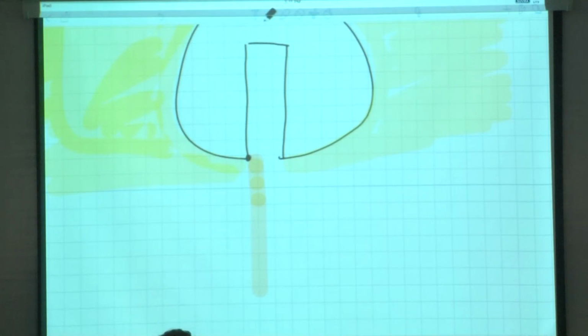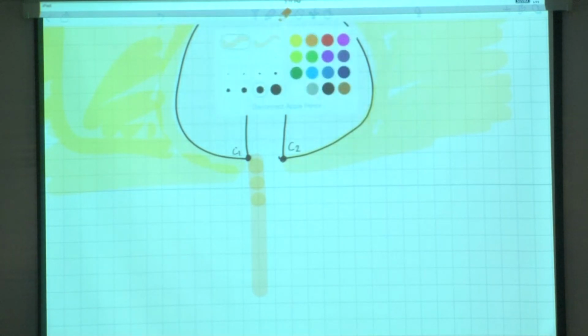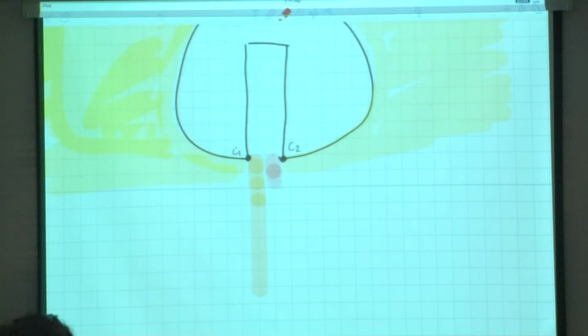So let me call that point C1, and that's going to be point C2. Okay, so along those regions, I'm going to measure my distance from those corner points.